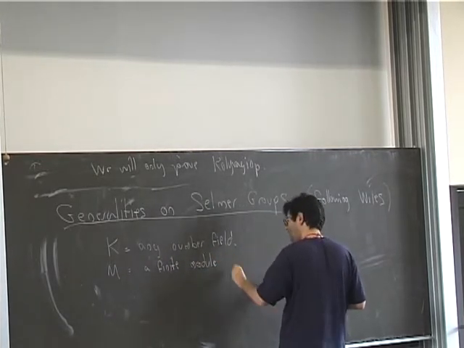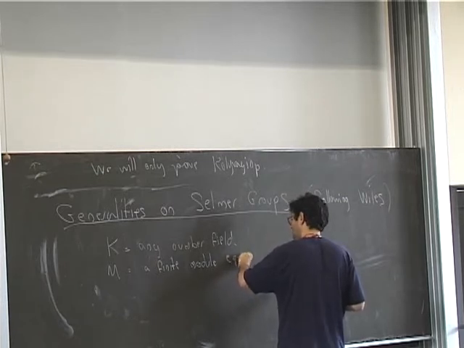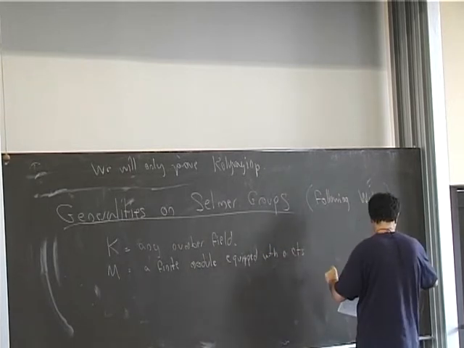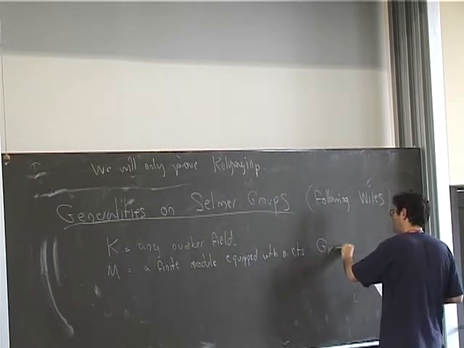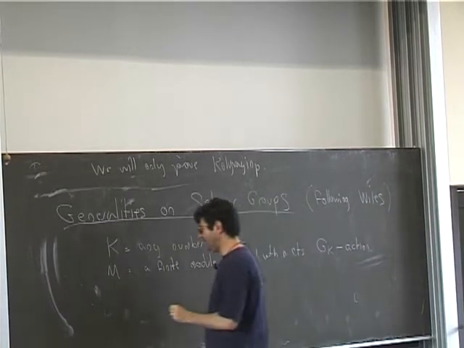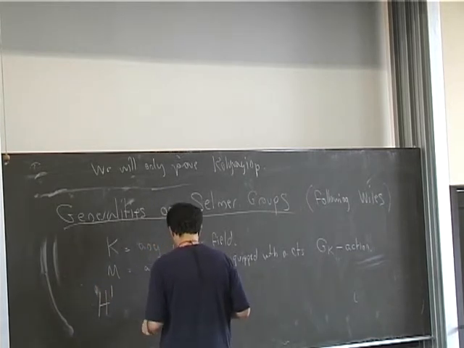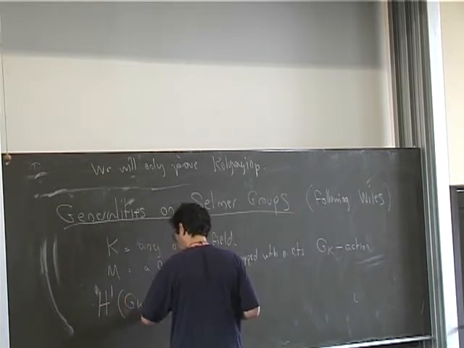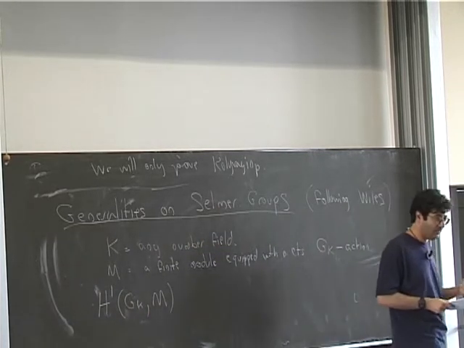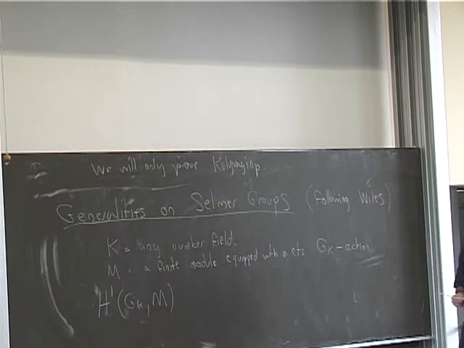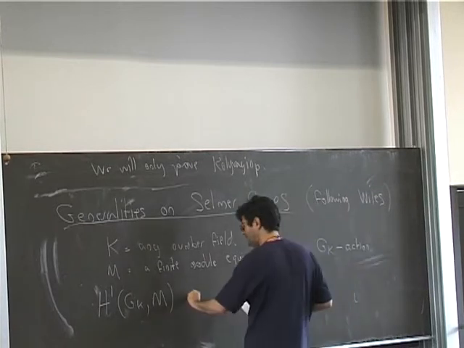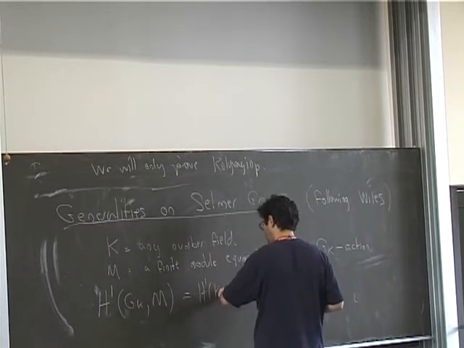It's a finite module equipped with a continuous action of the absolute Galois group of K. And then I want to study H1 of G_K with values in M, which is the group of continuous cocycles on G_K with values in M, modulo the group of coboundaries. I also write this as H1(K, M), okay?